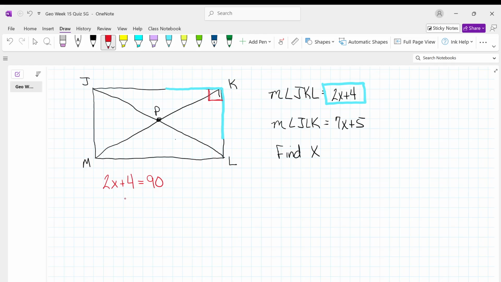So we can subtract 4 from each side. Our 2x is equal to 86. And then divide both sides by 2. And we get an x that's equal to 43. So there's our value of x.